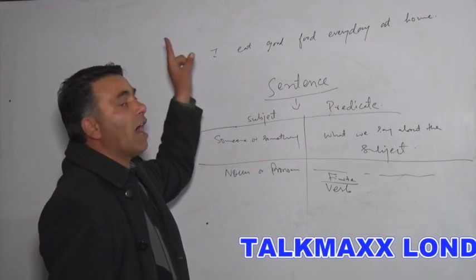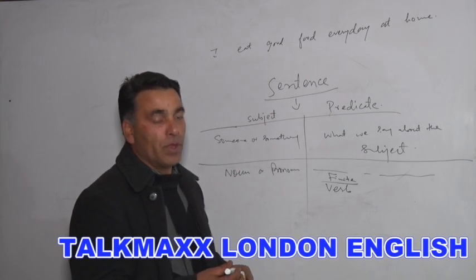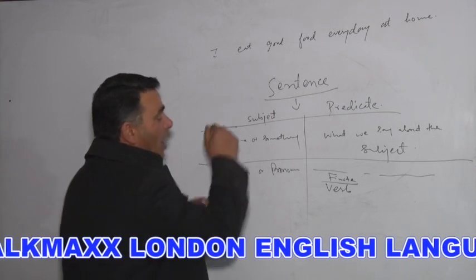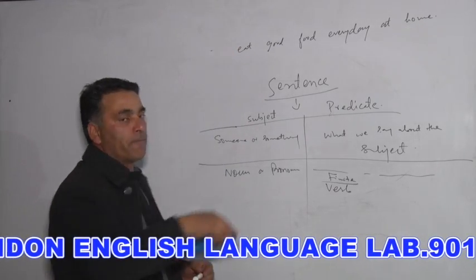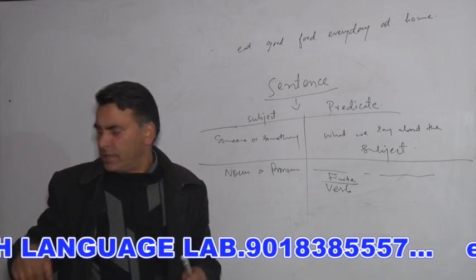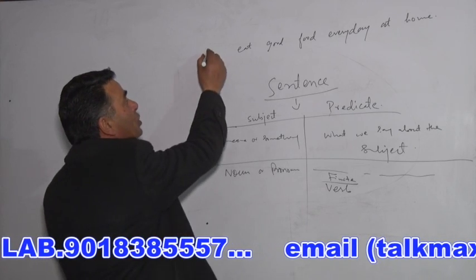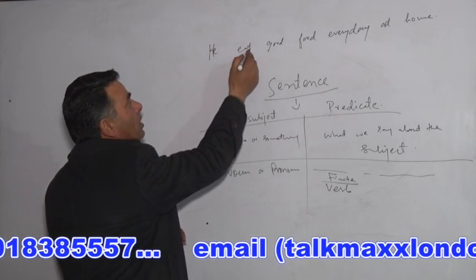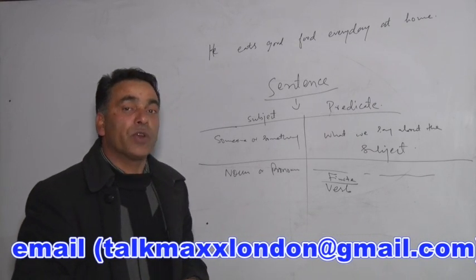Now here is a sentence: I eat good food every day at home. For some reasons, I would like to change the subject here. I put here, he eats good food every day at home.